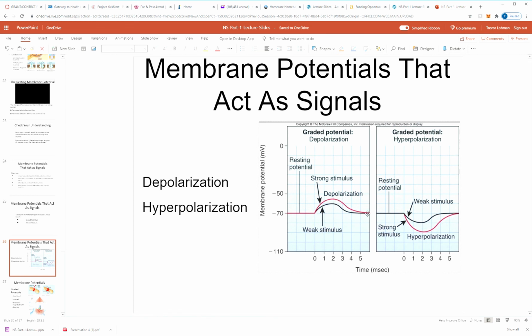I'm ahead of myself though, so don't worry about that right now. The point is that you can have depolarization or hyperpolarization of any different number of amplitudes. They're all graded potentials. So graded potentials vary in size and direction. That's why they're called graded, because there's many number of grades.